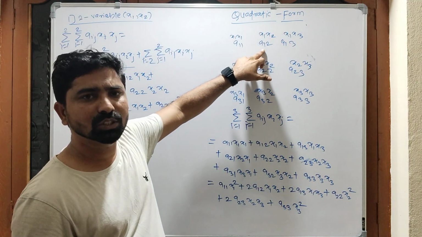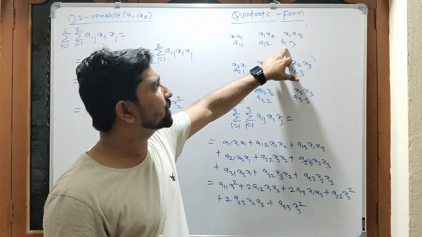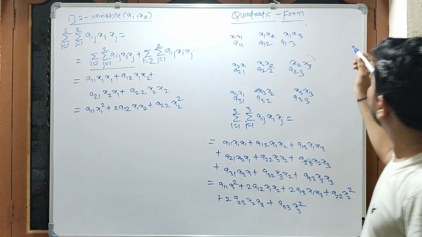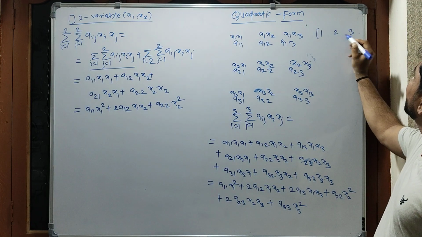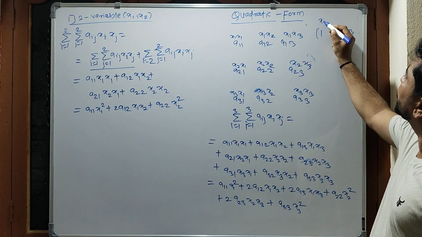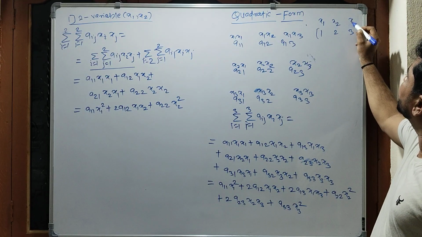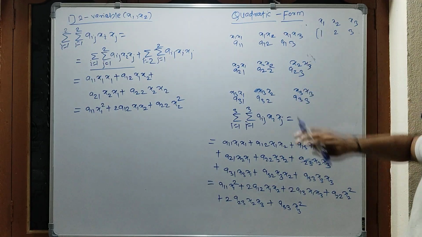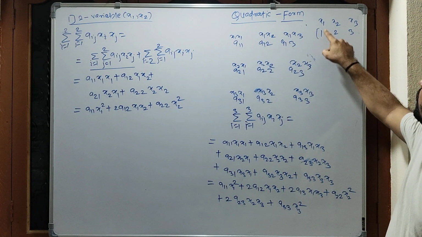Here 1 2, the 1 corresponds to x1 and 2 corresponds to x2. Here 1 3, 1 corresponds to x1 and 3 corresponds to x3. For example 1 2 3: the 1 corresponds to the first unknown x1, 2 to the second unknown, and 3 to the third unknown.